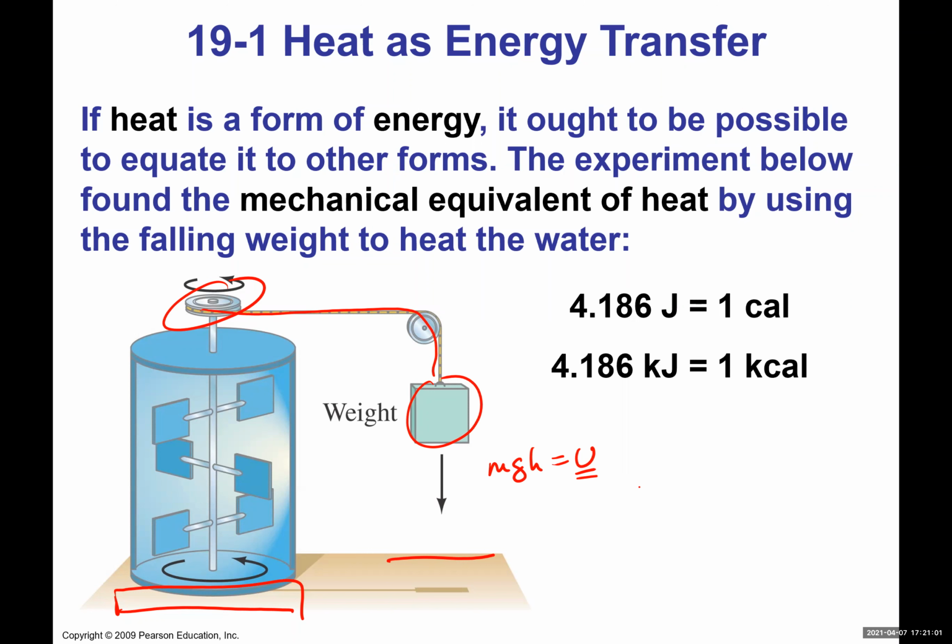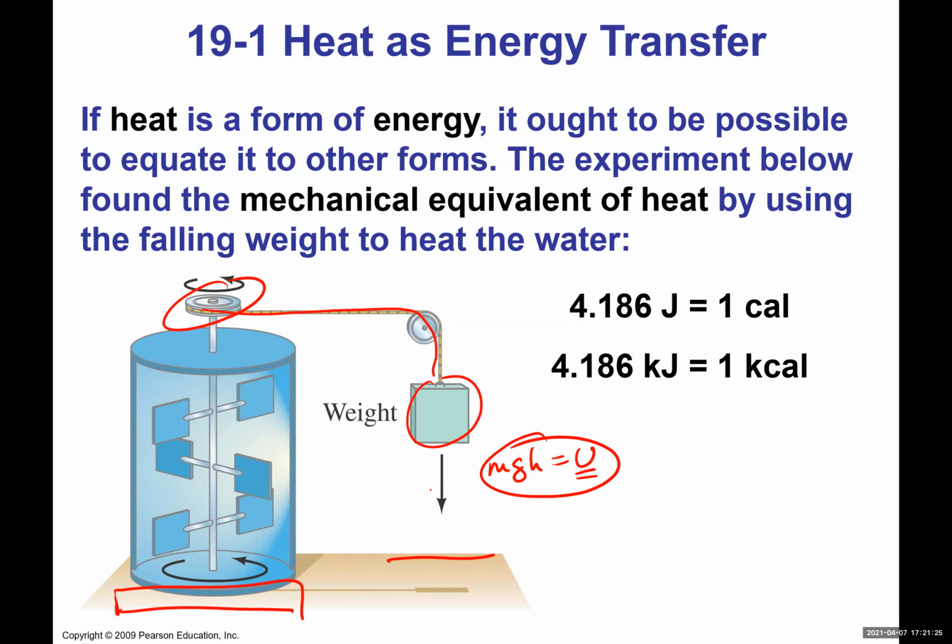As it's falling down, you can compare how much energy you have for the object, and then that same amount of energy is basically converted into the water. So as the paddle rotates, as everything inside starts rotating, the paddle interacts with water molecules. The collision creates friction. Friction converts some of the potential energy to heat energy.